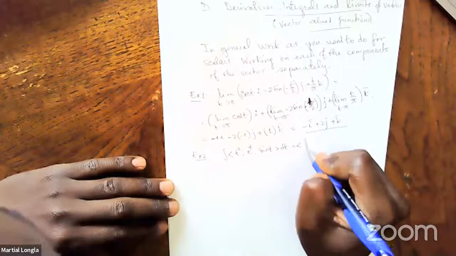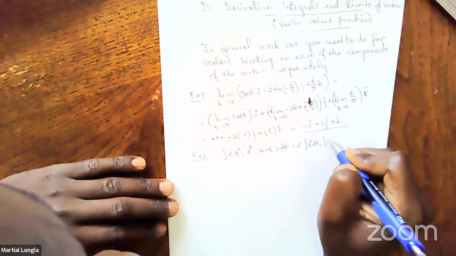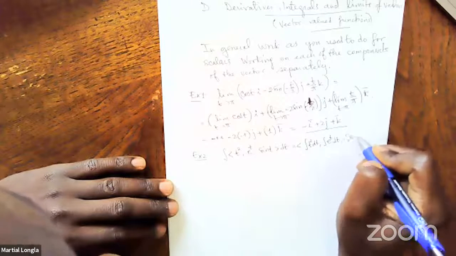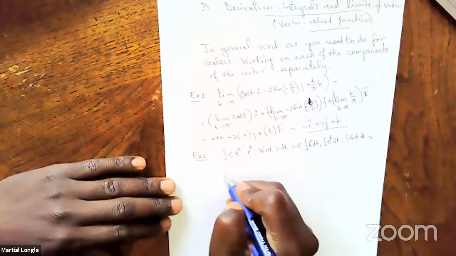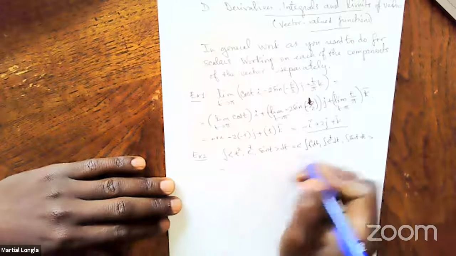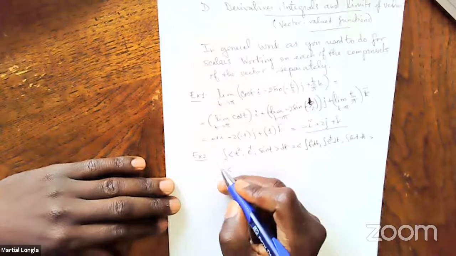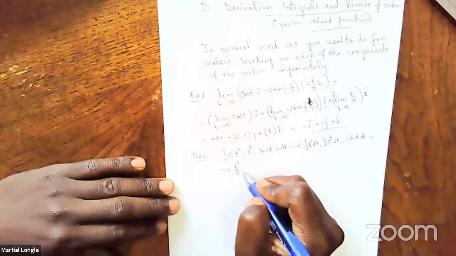So you go inside, you integrate t squared dt, you integrate e to the t dt, you integrate sine t dt. And that is equal, what's the integral of t squared? t cubed over 3. Something missing there? Plus c.